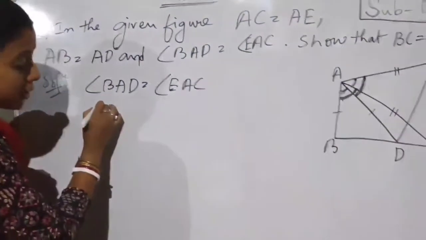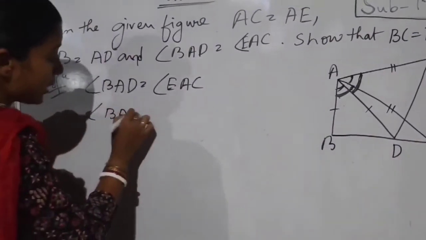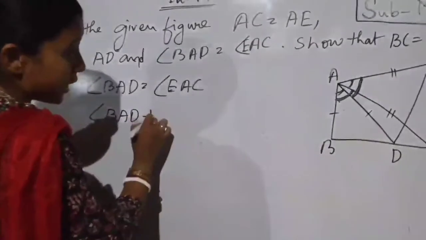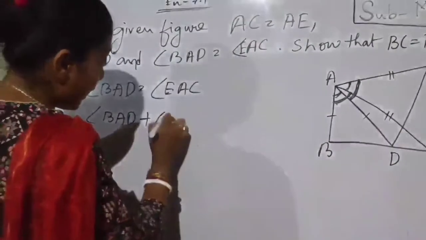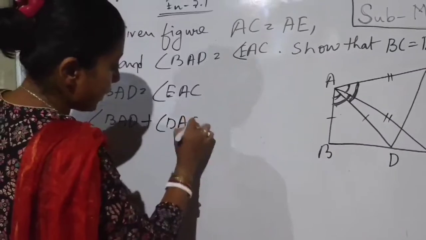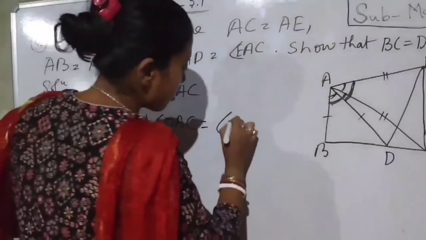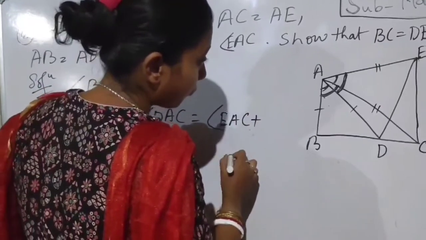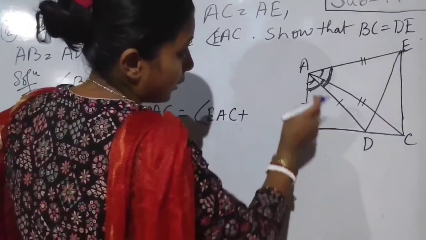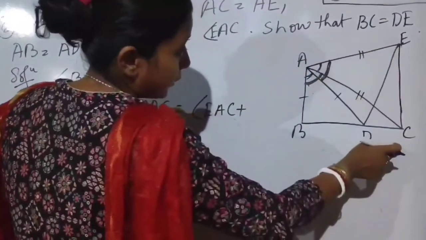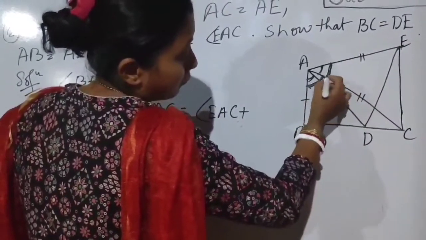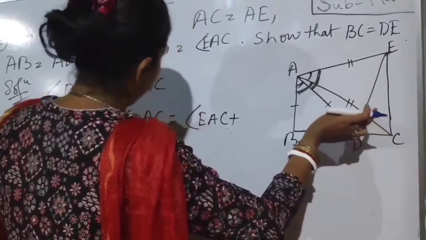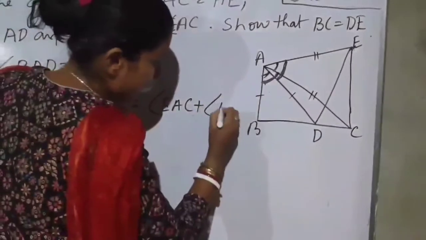So you will write angle BAD plus angle DAC equals angle EAC plus angle DAC.